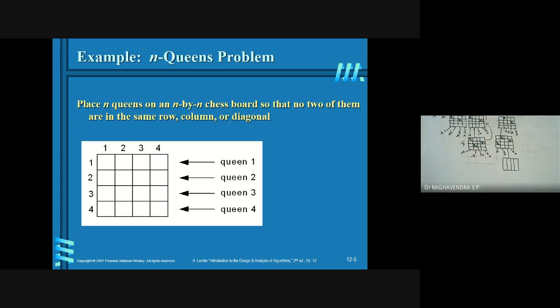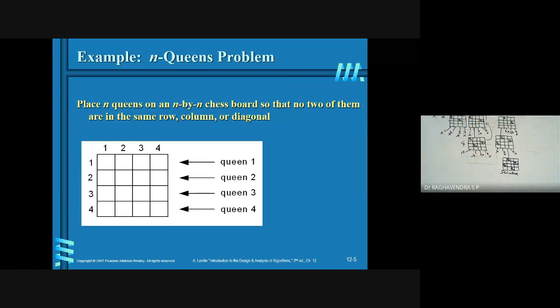So let us find out. Queen 1 is here, queen 2 is here, queen 3 is here, and definitely this is the position of queen 4. So we have reached the solution. This is the solution.